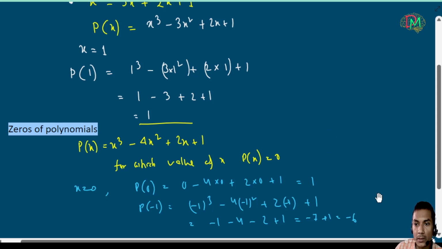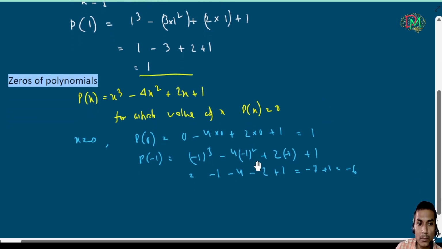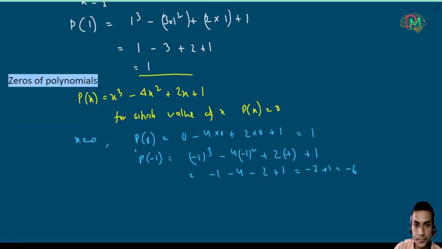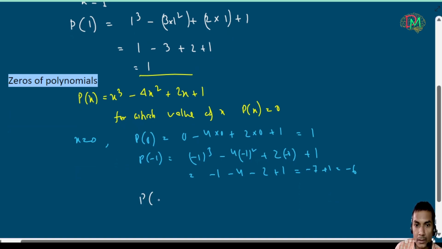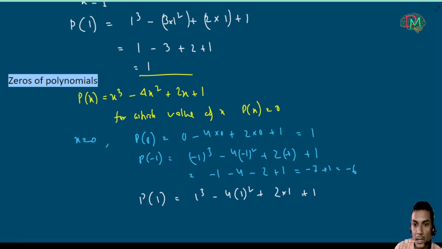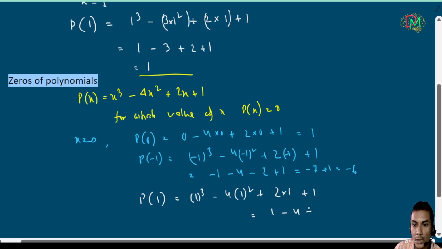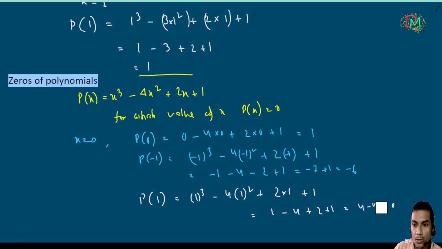Next if we put x is equal to 1, then we get 1 cube minus 4 into 1 square plus 2 into 1 plus 1. This is 1 minus 4 plus 2 plus 1, so it will be 4 minus 4, which is equal to 0.